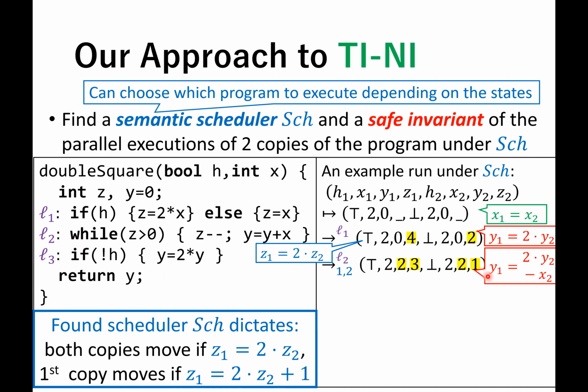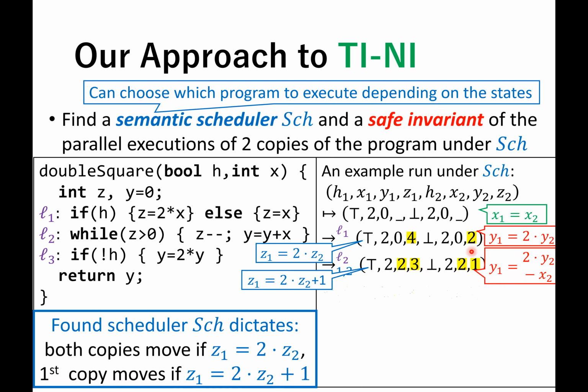And please note that under this condition, this red condition holds. But after the execution, the z values satisfy another condition under which this relational invariant on y values holds, which is different from the previous one.